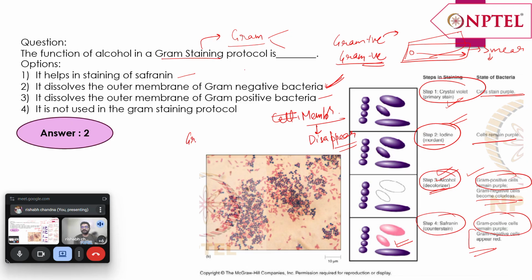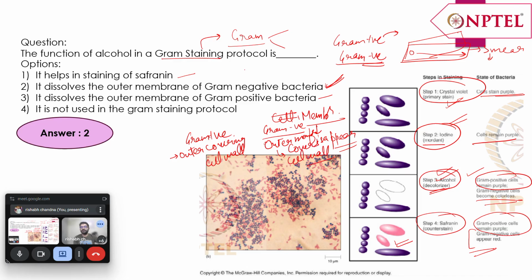So after this staining, he basically inferred that there are two kinds of bacteria: one is gram positive, that have an outer covering of cell wall, and the other one is gram negative, that have another membrane, we call it an outer membrane, that is covering the cell wall.